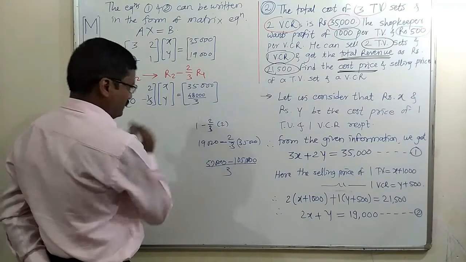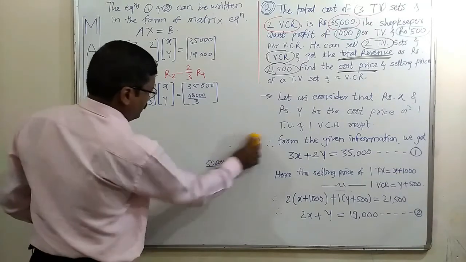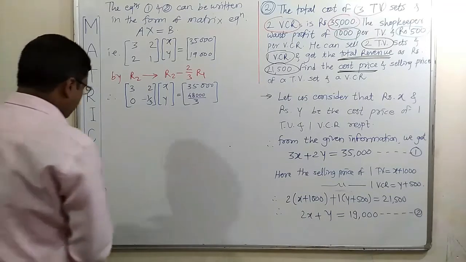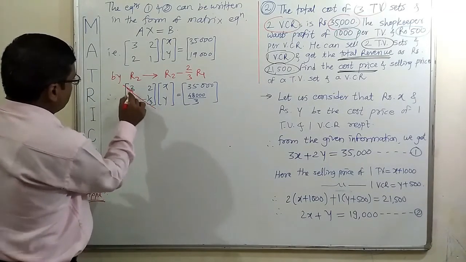So we get these values here. Now this matrix gets converted into an upper triangular matrix.